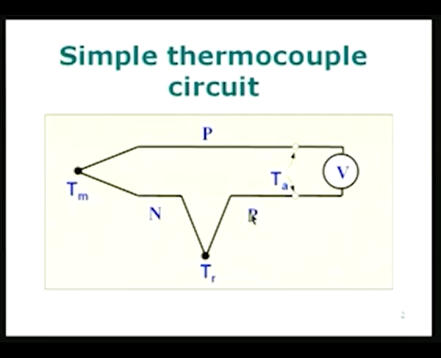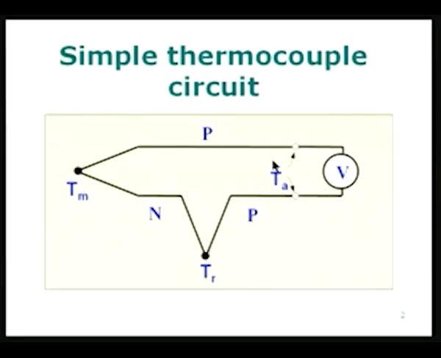Invariably, when you have a thermocouple circuit, you have to make connection to a voltmeter or a potentiometer, and that requires, as you see here, 2 junctions to be formed immediately. There are 2 extra junctions, one between the P material and maybe the wire which goes to the voltmeter, which is a copper wire, and similarly from the N material here I will have another wire which probably is a copper wire.